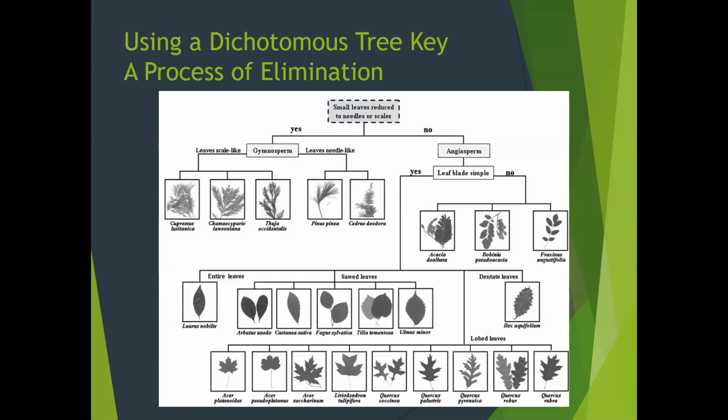The dichotomous key is pretty much going, all right, does the tree have this? Yes, move on to this step. Does the tree have this? Yes or no? Move on to this step or go to this step. That's the way the dichotomous tree key works. It's just a series of questions and process of elimination to get you the answer of what your tree is.